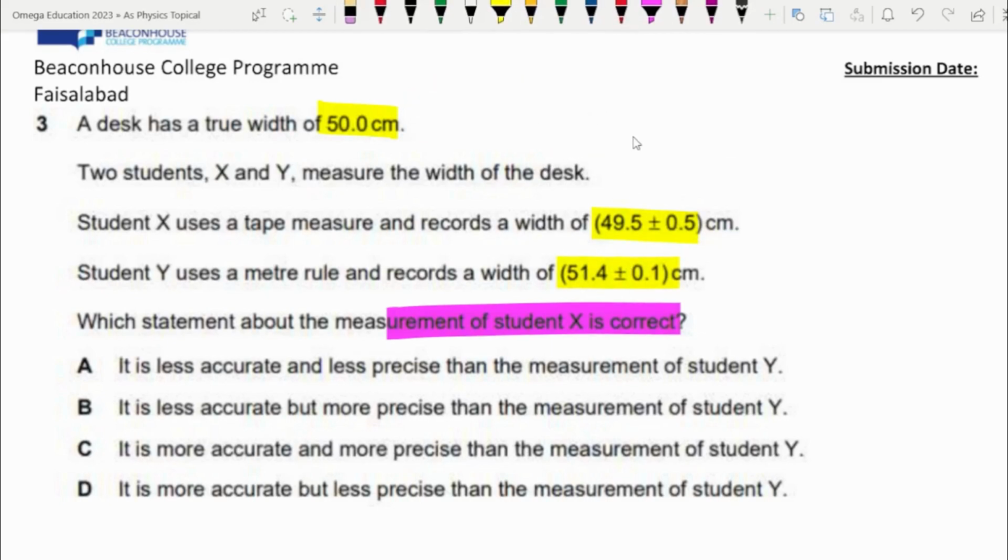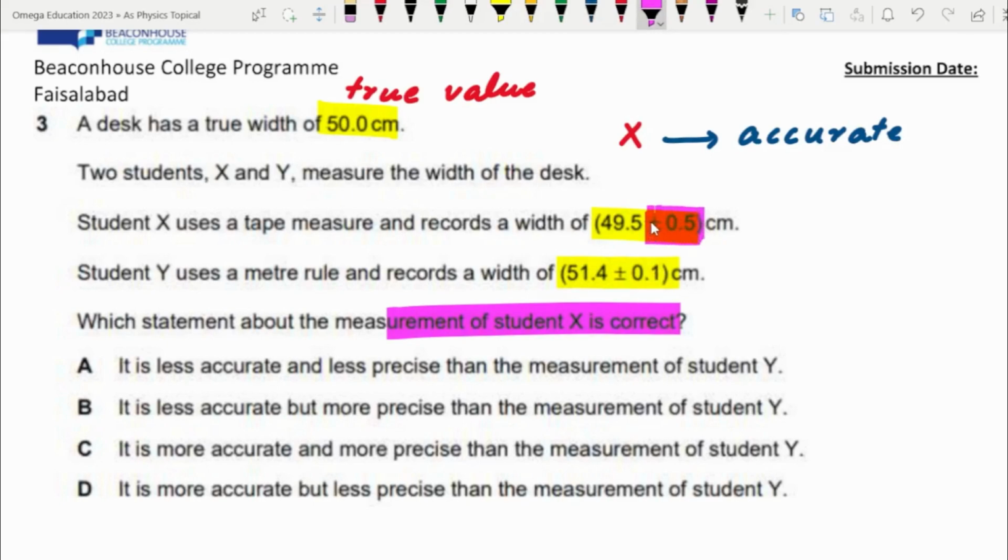In comparison, student X is more accurate because his reading is closer to the true value. What is the true value? This one. So his reading is closer to the true value, so X is more accurate than student Y. But at the same time, if we talk about precision, there is more uncertainty in the measurement taken by student X. The more the uncertainty, the less the precision.